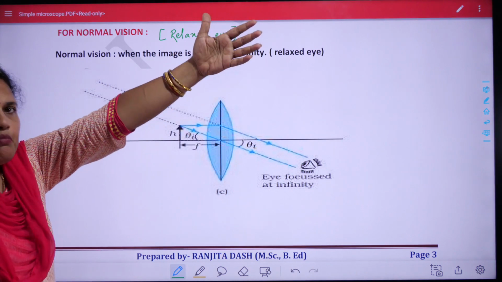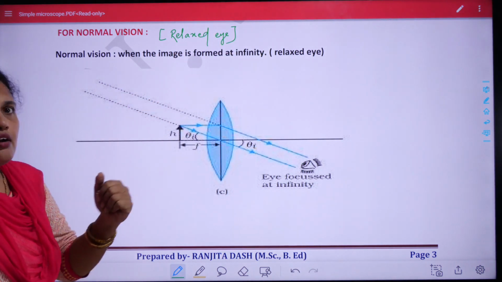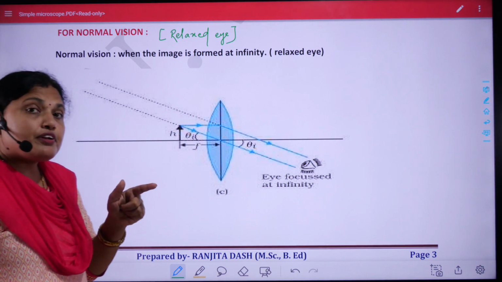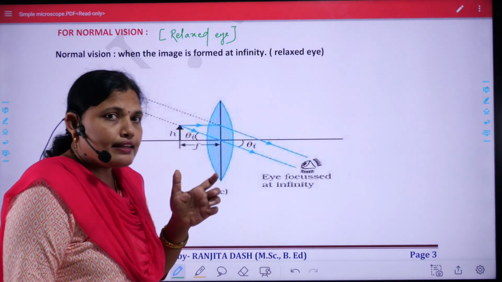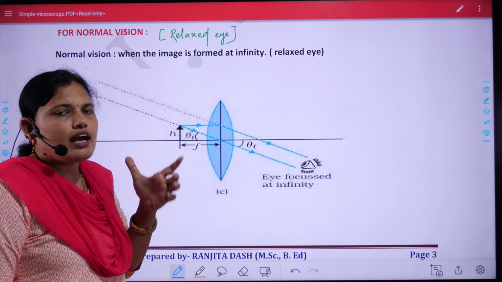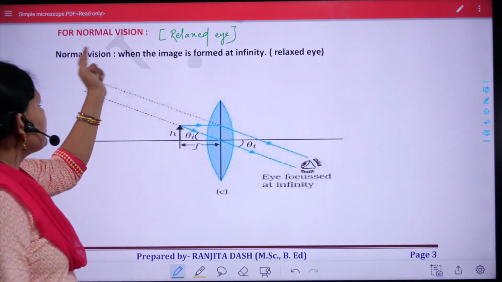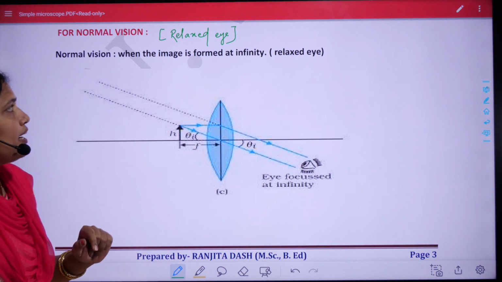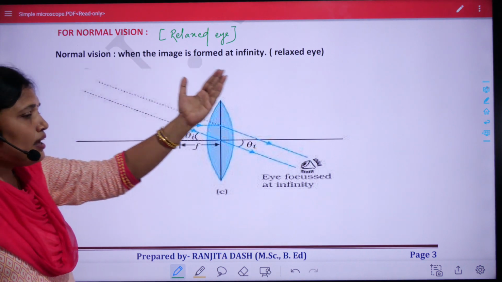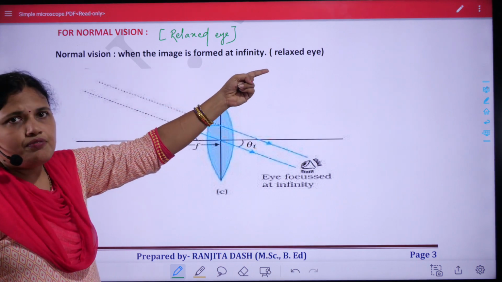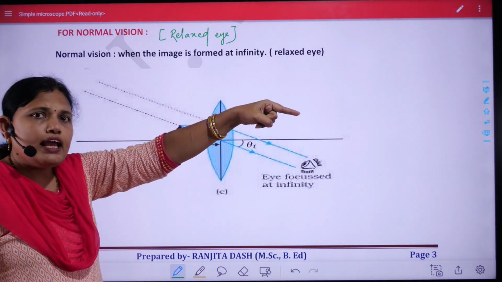That means the image is at the far point, and while looking at the image we are not feeling strain in the eye. But for the distinct vision, while looking at the image we are feeling strain in the eye. So distinct vision is also known as strained eye, and the normal vision is the relaxed eye. We feel relaxed when the image is at infinity.